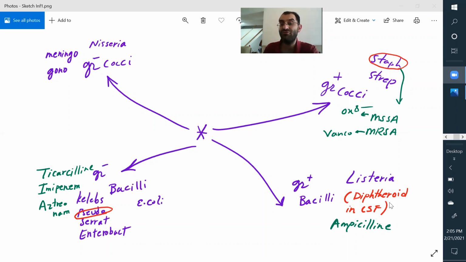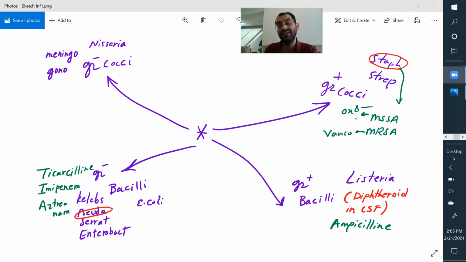They can kill regular staph, sensitive staph, which is not resistant, which is methicillin-sensitive Staph aureus.